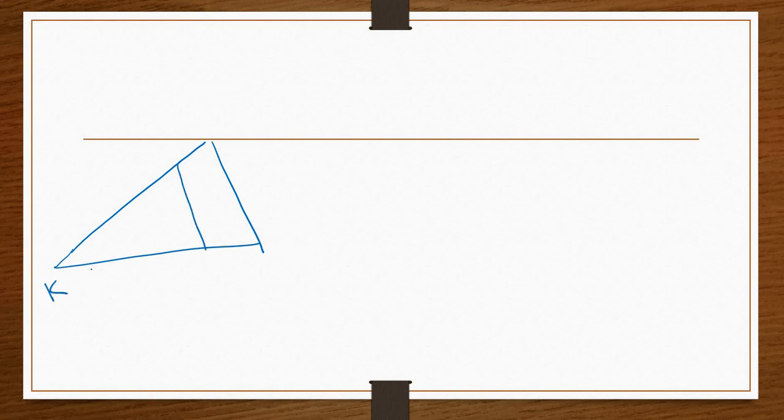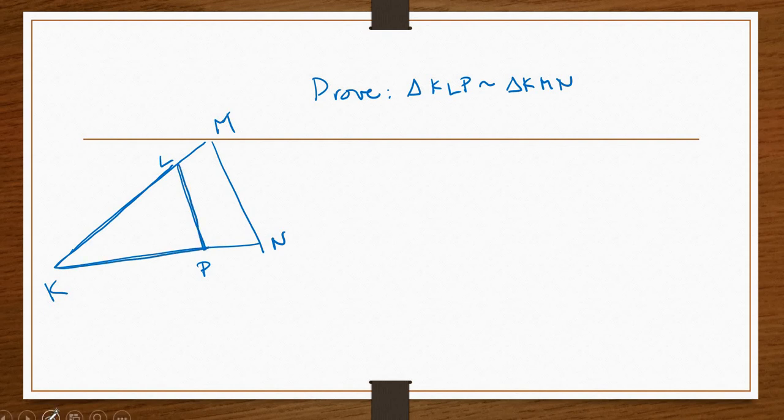I'm going to call this K, L, P. I'm going to call this M and this N, and I want to prove that triangle KLP is similar to triangle KMN. So the inside triangle, KLP, we want to prove that it's similar to KMN.